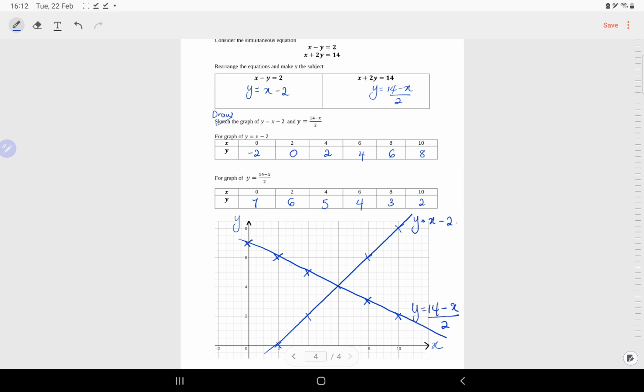It also shows all the pairs of values which satisfy y equals 14 minus x over 2, or x plus 2y equals 14. Now observe what else you can see on the graph other than the two straight lines. What else can you see?